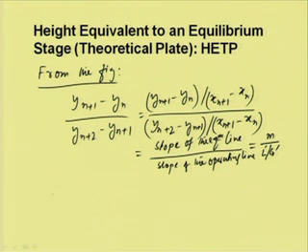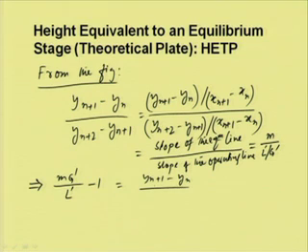So, from this we can write m G dash by L dash minus 1 is equal to y n plus 1 minus y n divided by y n plus 2 minus y n plus 1, minus 1.